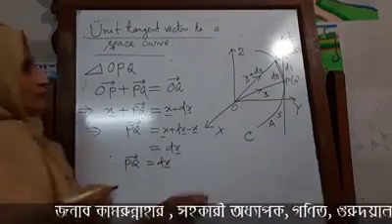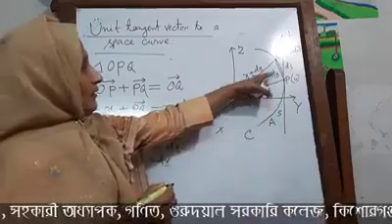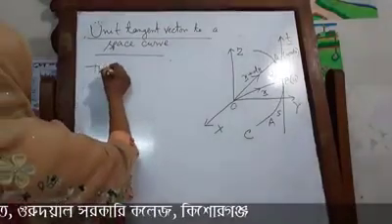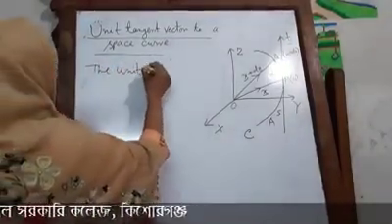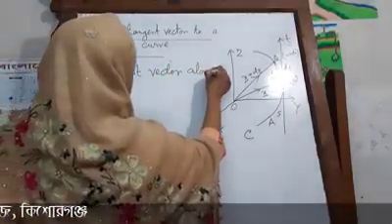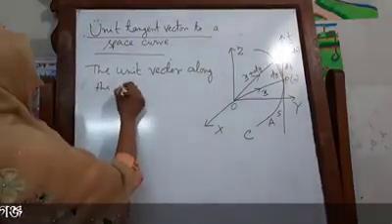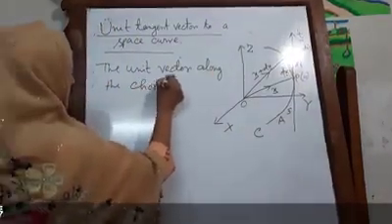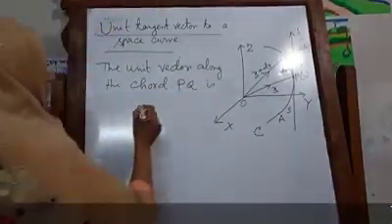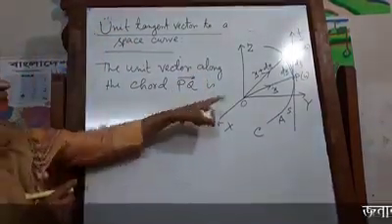Now, the unit vector along the chord PQ is the vector PQ divided by the absolute value of PQ.